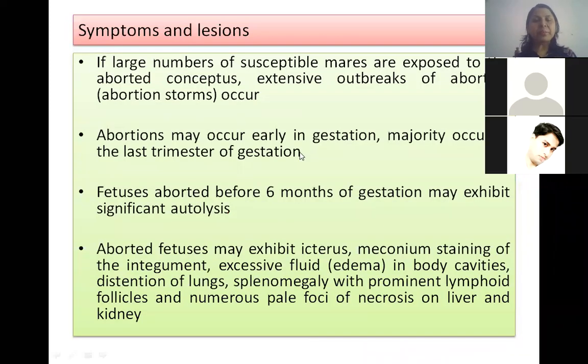Coming to the symptoms and lesions, generally it causes abortion in a single mare.